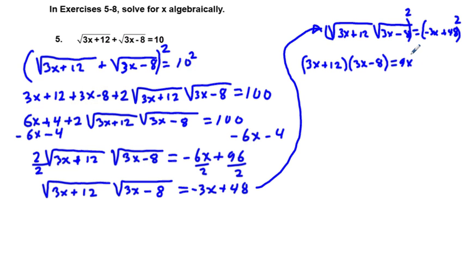9x squared, and then that's going to be negative 288x, and then we're going to have plus 48 squared, which is going to be plus 2304.